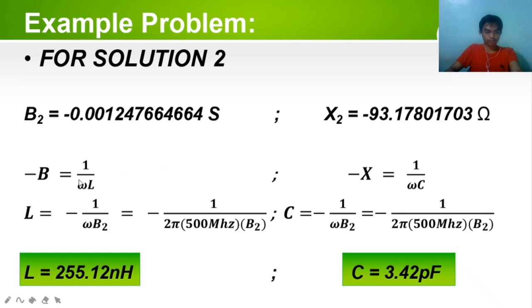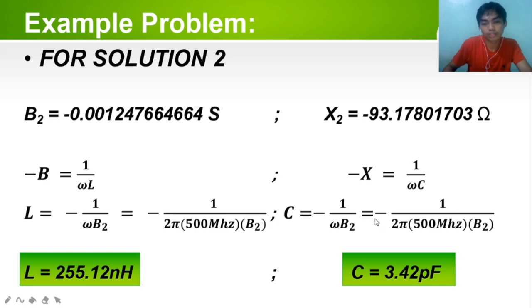By substituting and getting the inductor, the inductor is equal to negative 1 over omega times the susceptance 2, or B2. The final answer for the inductor is 255.12 nanohenry. While for reactance 2, the capacitor is equal to negative 1 over omega times X2, not B2.